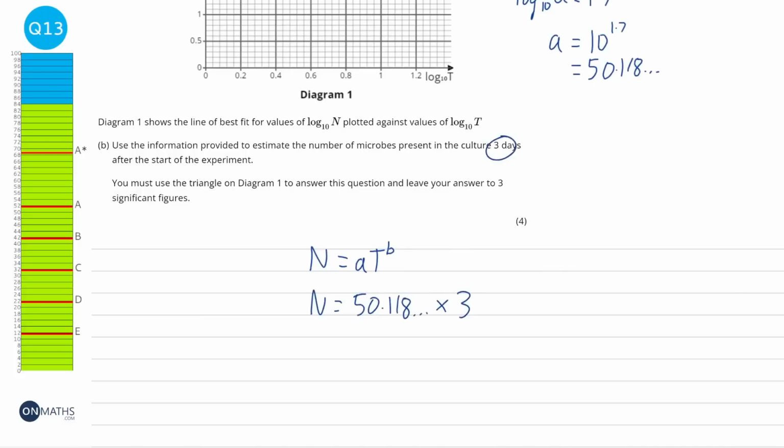So 3 to the power of the b, which is our 2.25, which is our gradient. And so when you do that, you get 593.639 blah blah blah on a calculator. And so to 3 significant figures, that's going to be 594 microbes. That's to 3 significant figures.